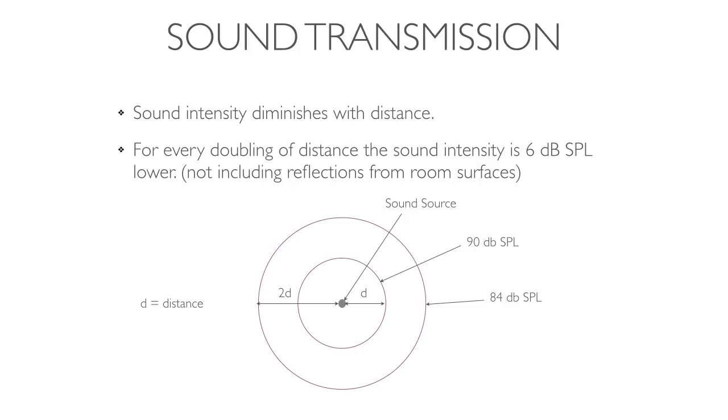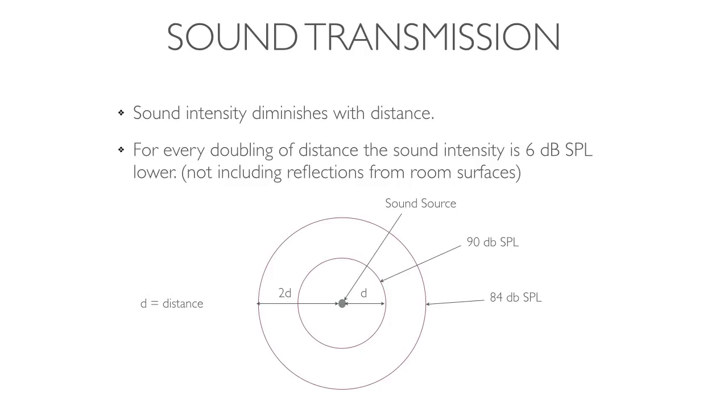We all know that sound intensity diminishes with distance, but there's actually an equation or relationship that's pretty simple, really, which is that every time you double the distance, you lose 6 decibels of sound pressure level. And this doesn't really hold for inside buildings or rooms because you get reinforcement from the room itself.